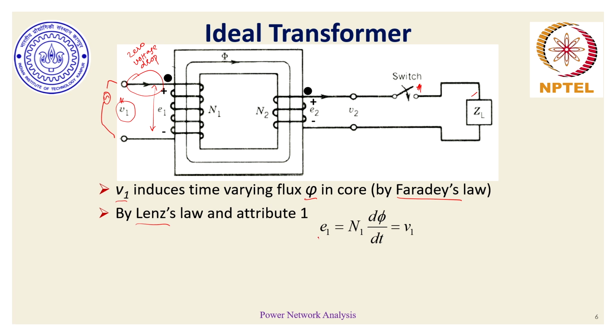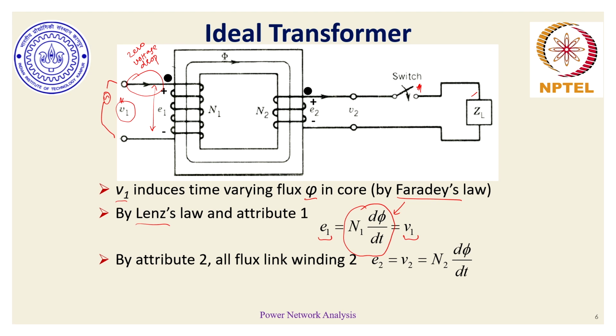That's the reason why E1, which we call the induced EMF, is the same as the applied voltage, and these two voltages are equal to N1, where N1 is the number of turns on the supply winding or primary winding, d phi by dt, and this is because of Faraday's law.